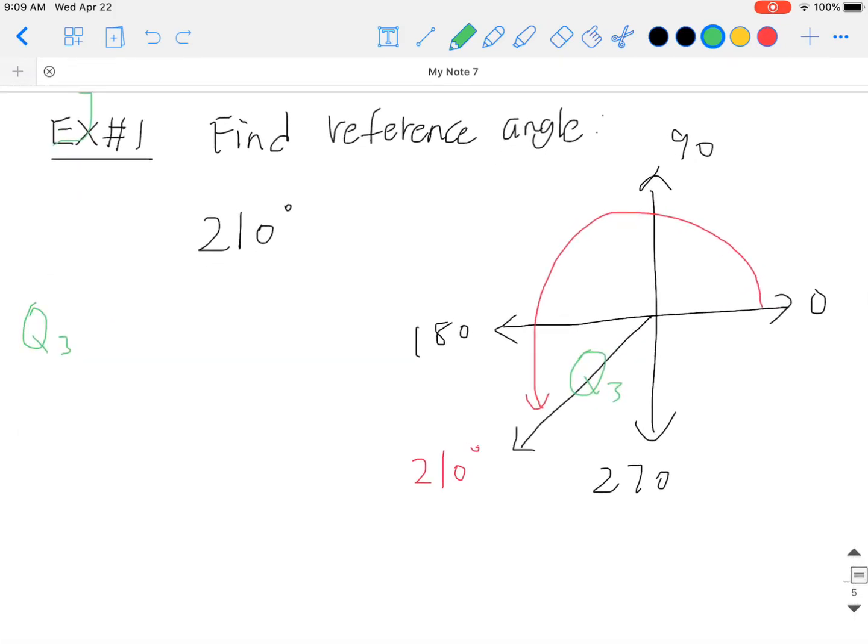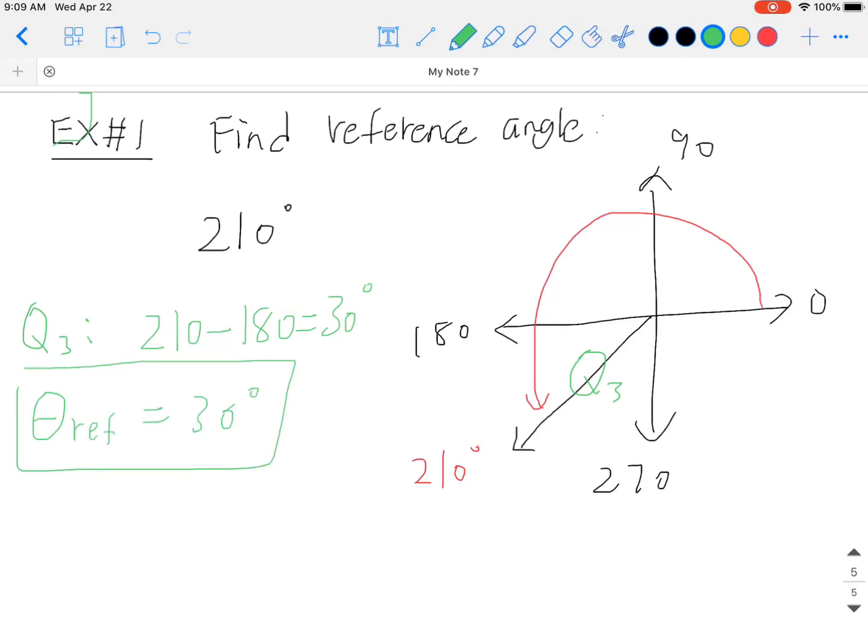So this is 210 minus 180, which is equal to 30 degrees. The reference angle is 30 degrees.